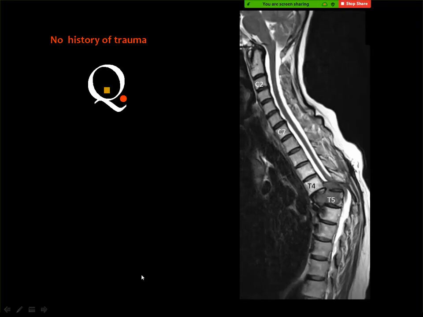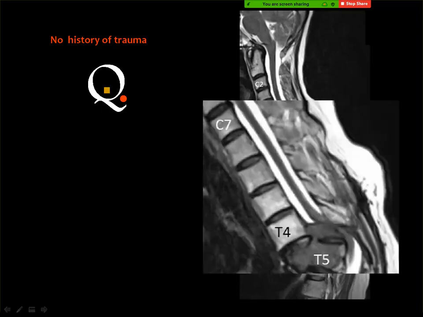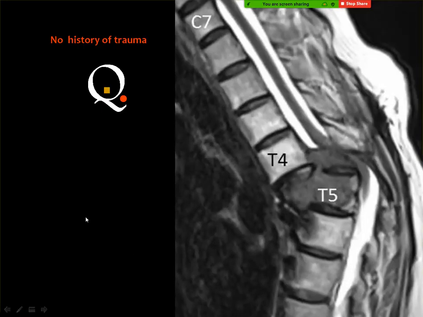Spondylolysis and spinal cord compression. T4-5. Yes, there is no history of trauma. So it is metastasis. Yes, and this is once more, I emphasize this point. If you look carefully here, you see that there is an abnormal soft tissue which is surrounding the site of spondylolysis.